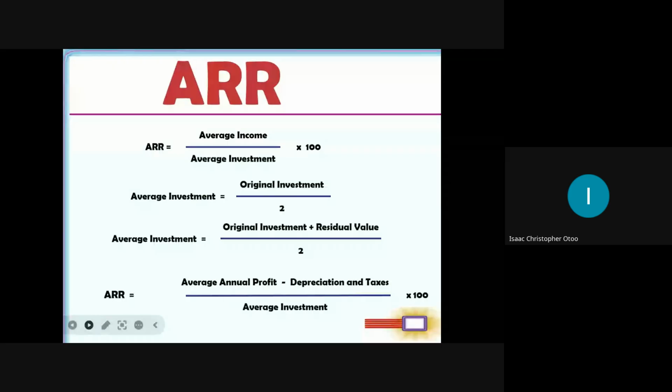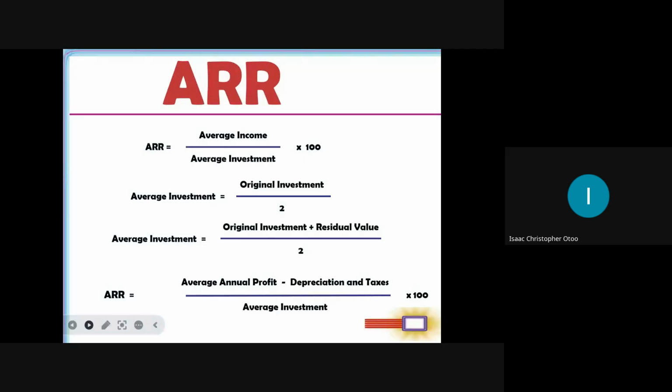As I said, when they give you the gross profit, you deduct depreciation, and if there are taxes, deduct them from the profit, then you find the average of the number of previous profits. The average investment is equal to the original investment divided by 2, or if there is a scrap value or residual value, you add it to the original investment and still divide by 2. That gives you the average investment.